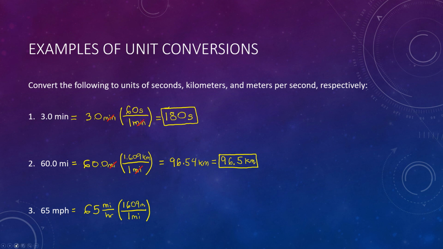So again, let's cancel out our original units of miles. There we go. That was step 3. But we do have an issue. If you look at this right now and we solved, we would get 65 times 1,609, but that leaves us with meters per hour. That's not what we're aiming for. We want meters per second.